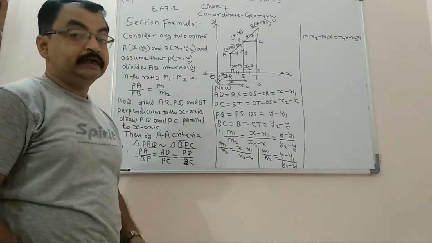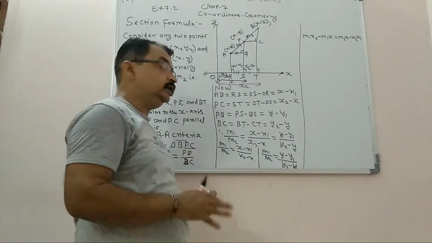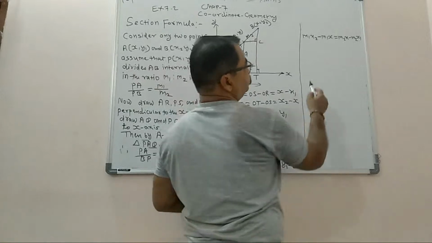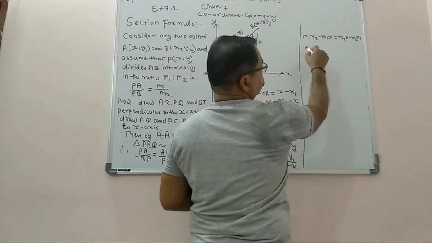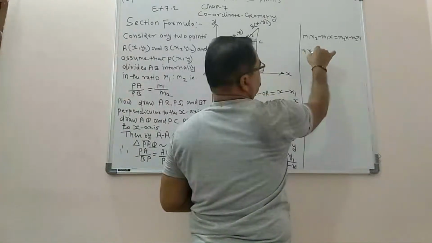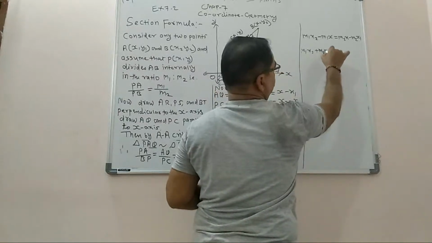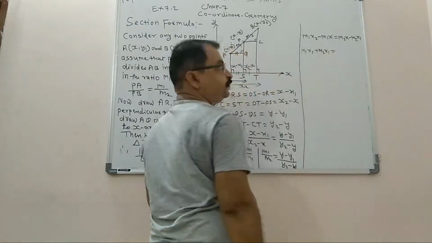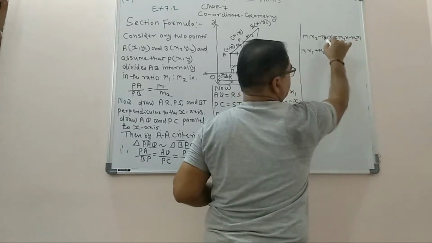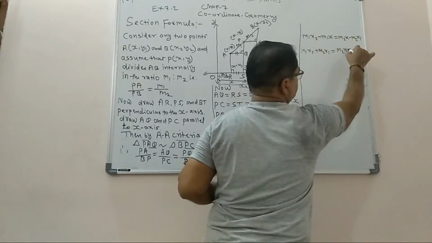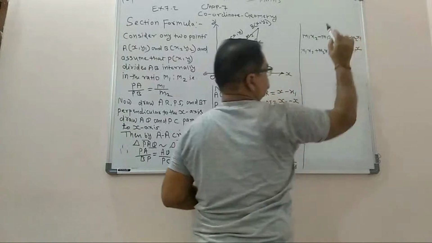Now we collect the x variable on one side and find the value of x. See, this is x and this is x. So m1 x2, take this to this side, so this becomes plus m2 x1, equal to m2 x, and this m1 x you take on that side, so minus goes to the right, it becomes plus m1 x, children.